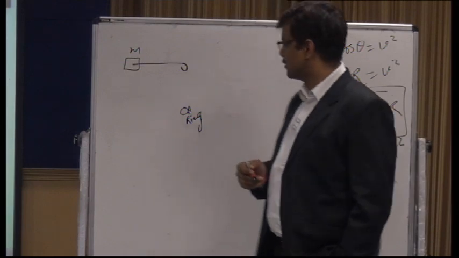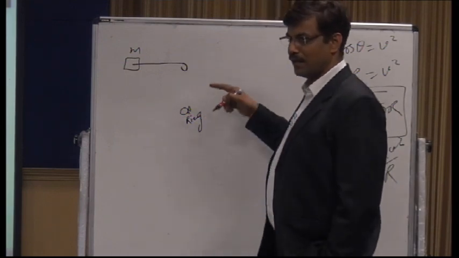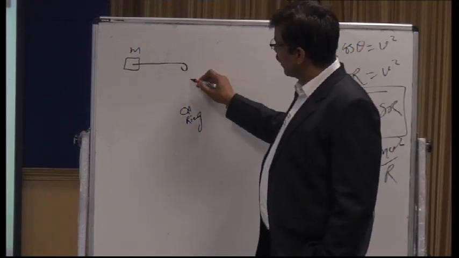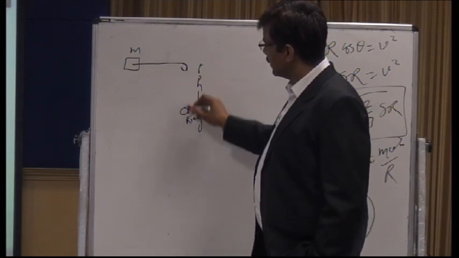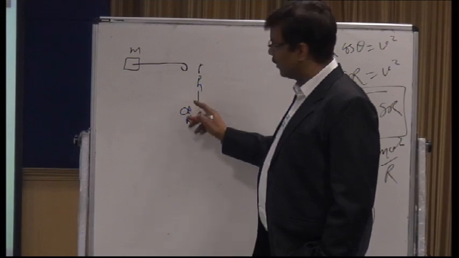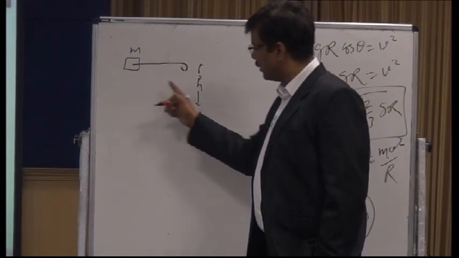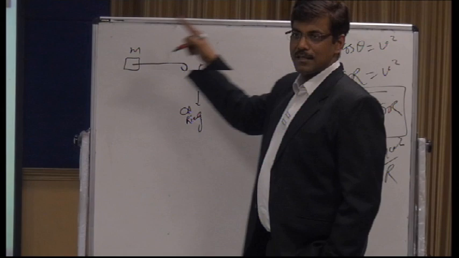I gave you last time, I think, when I gave you the assignment. I don't know whether you have got it or not. It is allowed to fall from a height h under gravity. Incidentally, it stuck into the ring, and then after it stucks into the ring, it makes a complete circle.